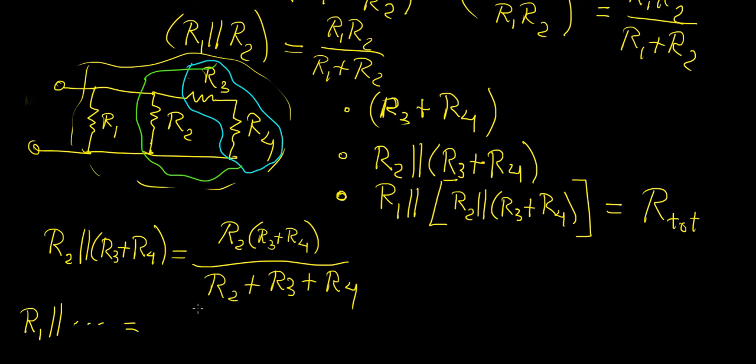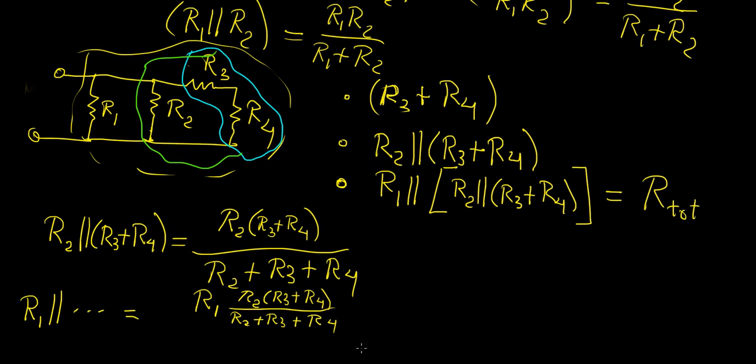then that's going to be R1 times this whole thing, which is going to be R2 times R3 plus R4, divided by R2 plus R3 plus R4. And then that's going to be divided by the following.